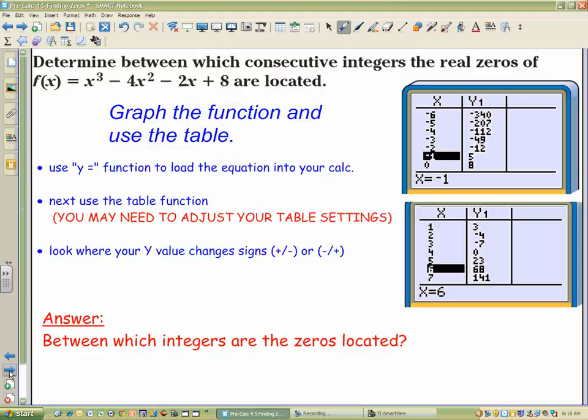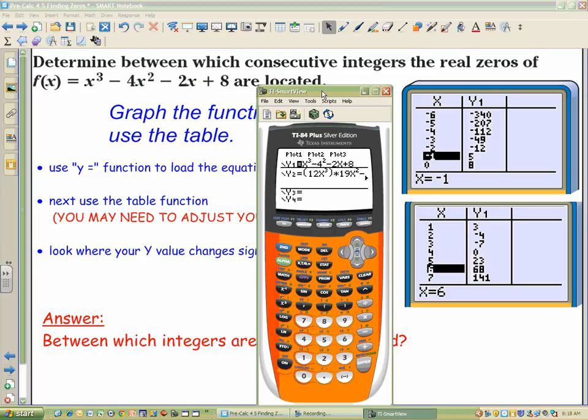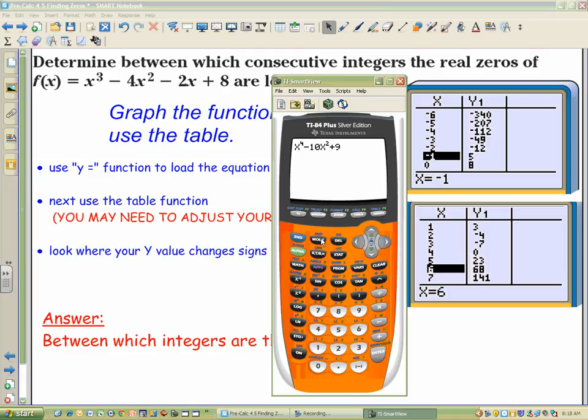So here's an example of how we will use the graphing calculator to help us find those consecutive integers where the real zeros exist. So take your graphing calculator, grab that, I hope you have it handy. I'm just going to go back to the home screen here. Hit your y equals key so that you can load up the function. And I've preloaded mine.